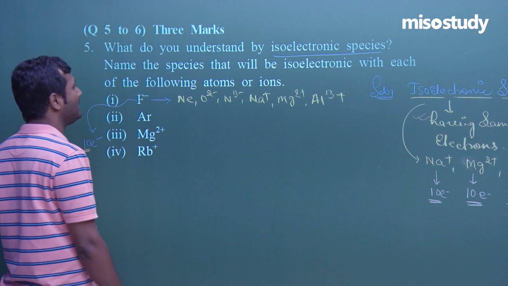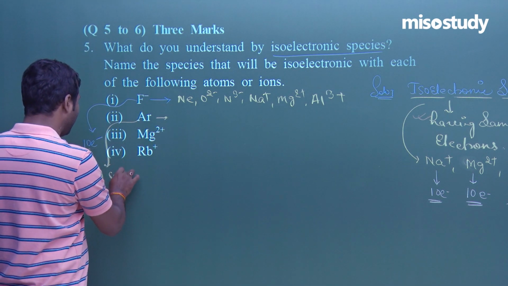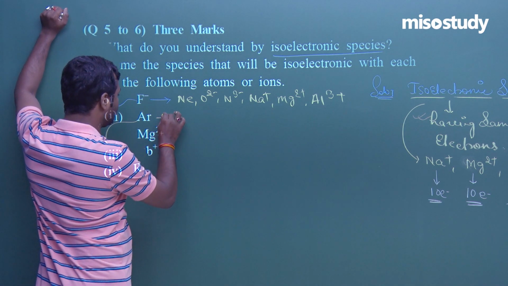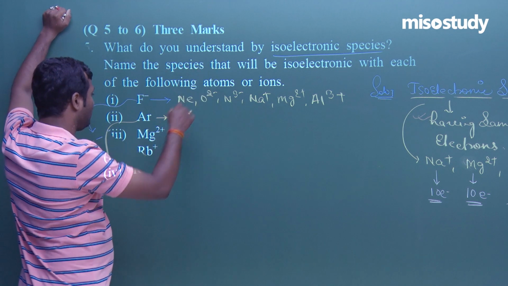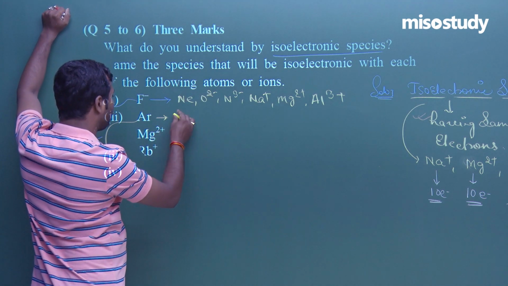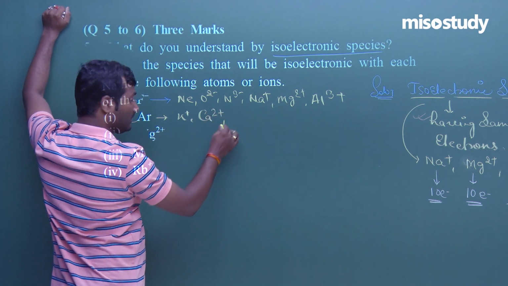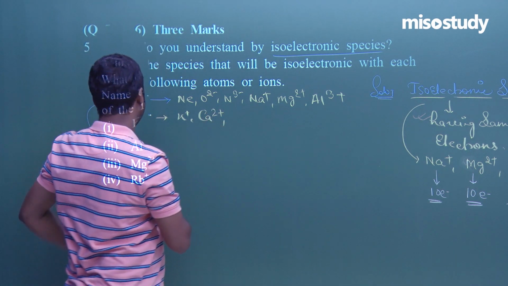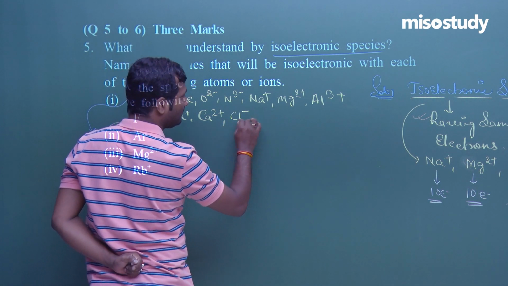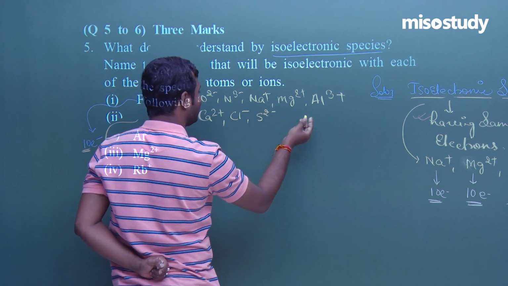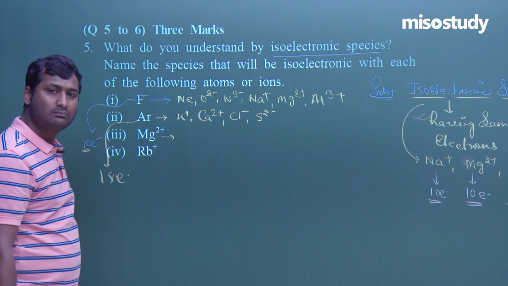Clear to you? Now argon, as we know, contains 18 electrons. So the isoelectronic species in this case, we can say K+, Ca2+, then Cl-, then S2-, etc. Now Mg2+ again contains 10 electrons.